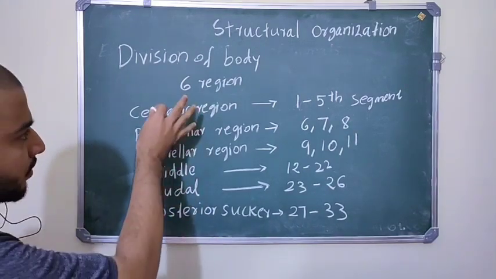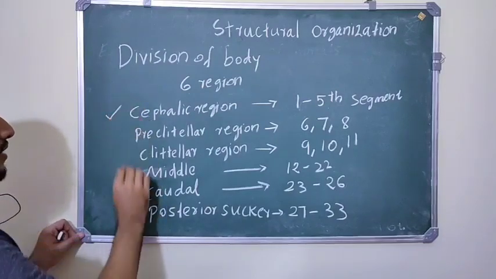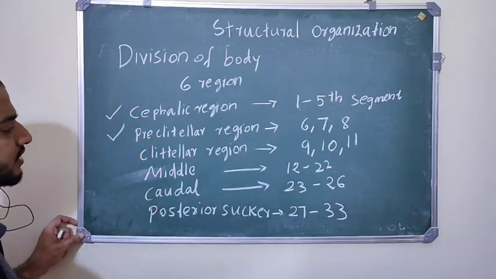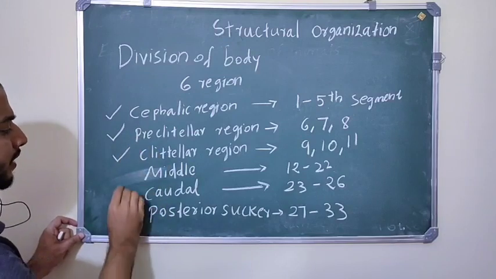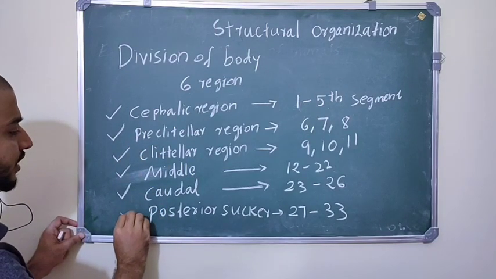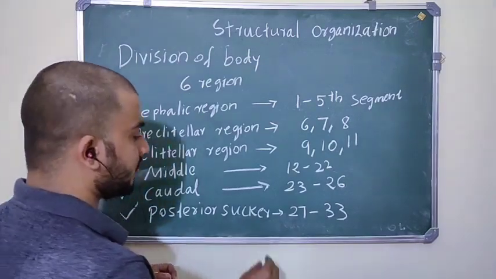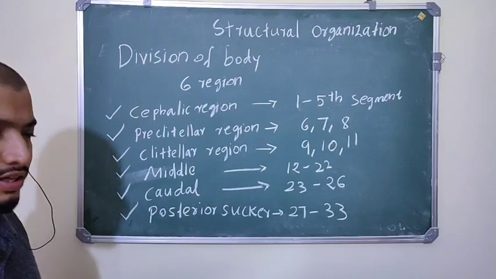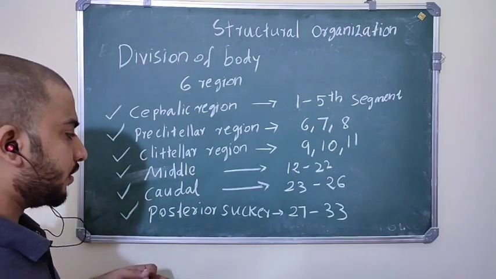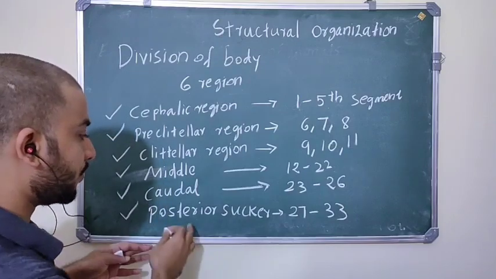The body of a leech is divided into 6 regions: cephalic region, preclitellar region, clitellar region, middle region, caudal region and posterior sucker. Last class we discussed the posterior sucker. The last seven segments of the leech are fused to form the posterior sucker.